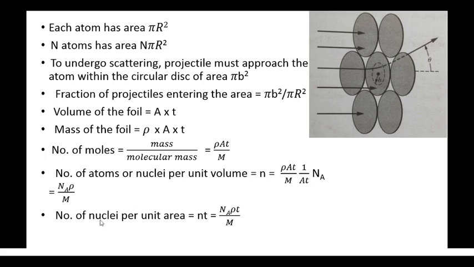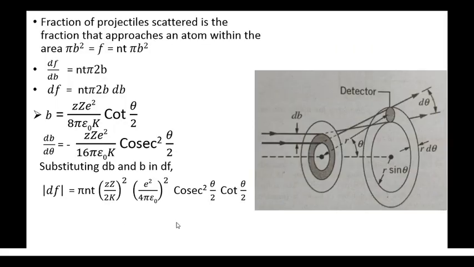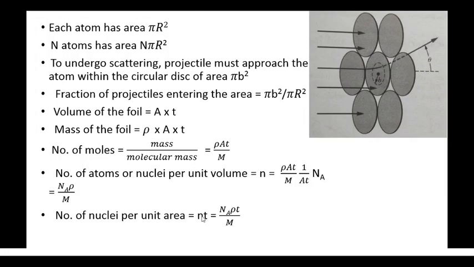And what will be the number of nuclei per unit area? This we calculated for unit volume. And what is the number of nuclei per unit area? You have to multiply it with the thickness. So n into small t gives you Na rho T by M. This is the number of atoms or nuclei per unit volume, and to find the number of nuclei per unit area you have to multiply it with the thickness.